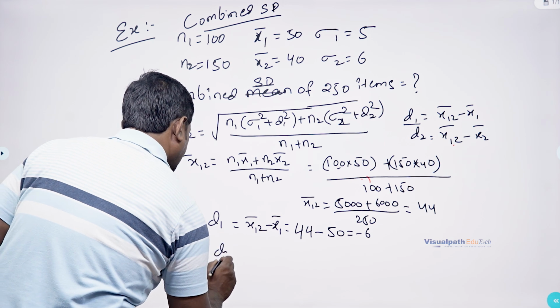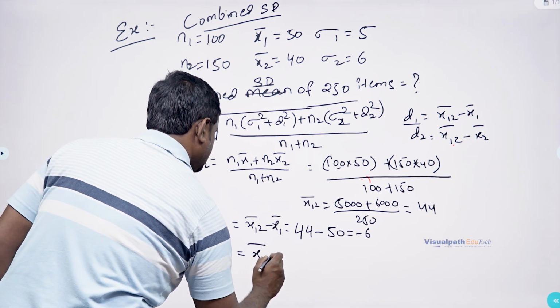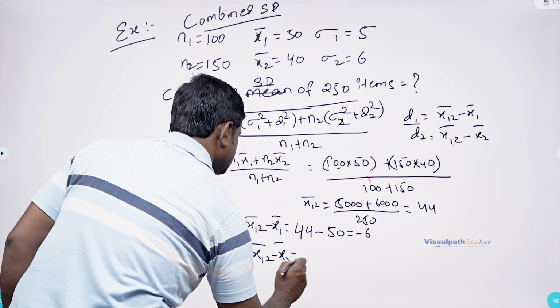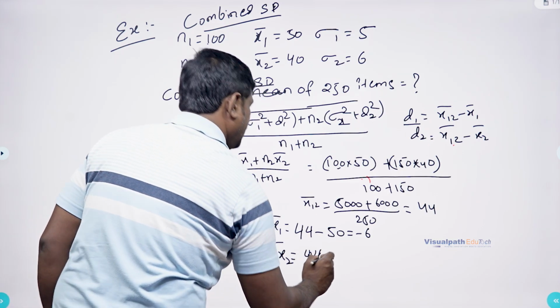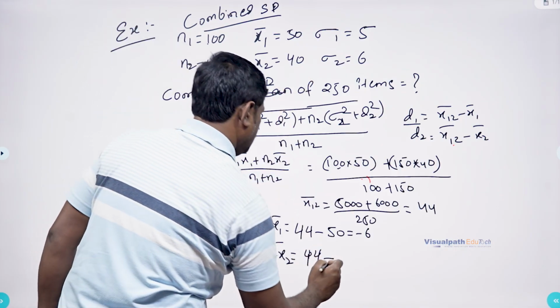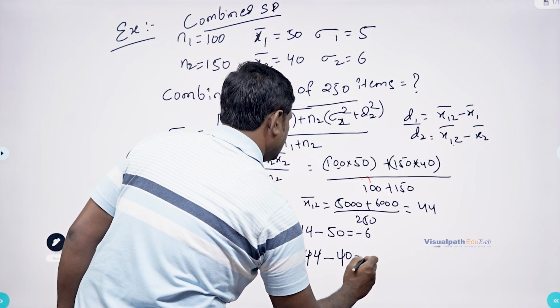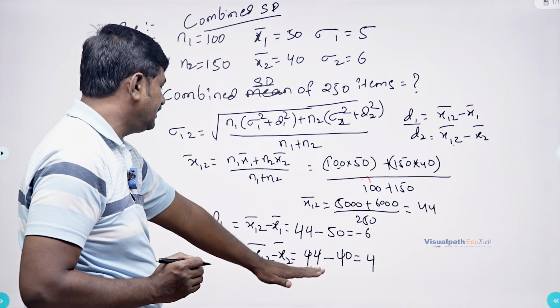And d2 is equal to x12 bar minus x2 bar, that is 44 minus 40, which equals 4. So here we have calculated d1 and d2.